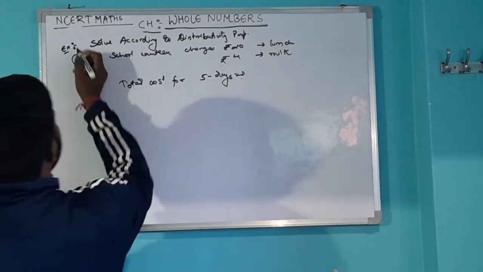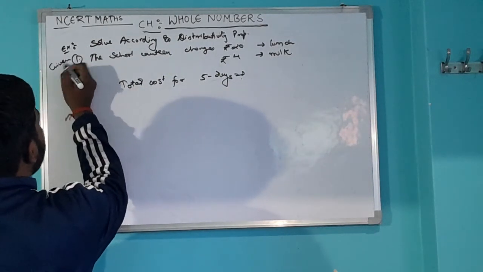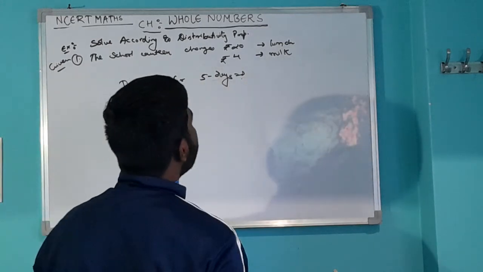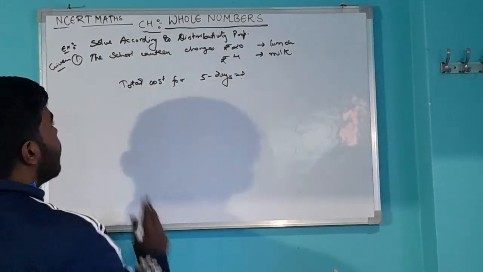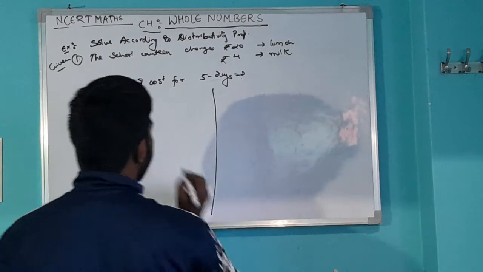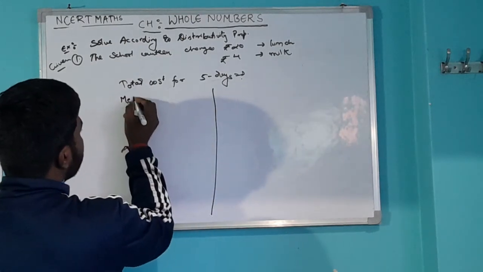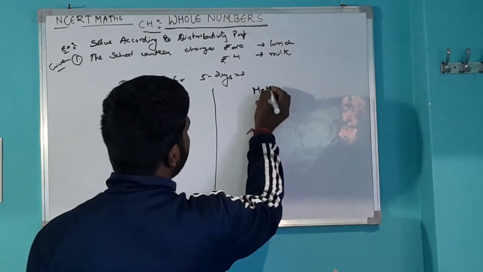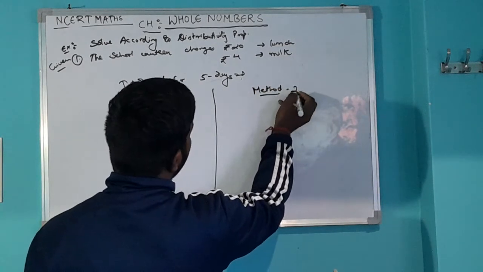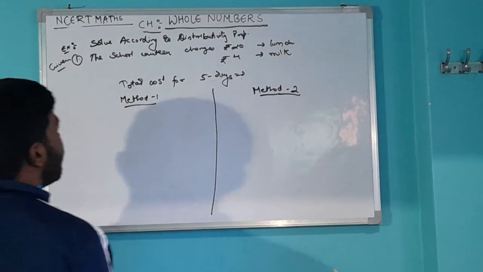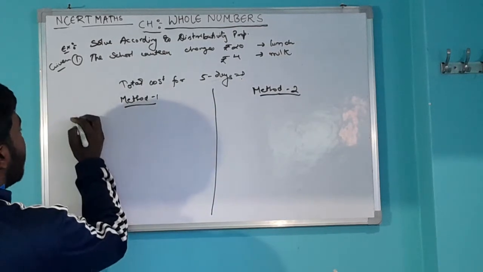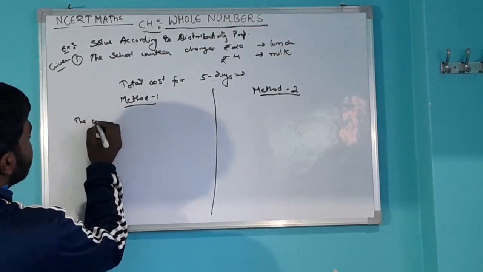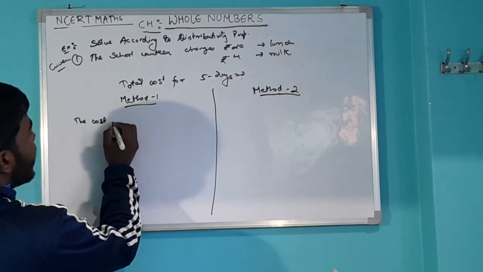Now, given is that the school canteen charges ₹20 for lunch and ₹4 for milk. We have two methods again, Method 1 and Method 2. In the first, we solve individually for milk and lunch.